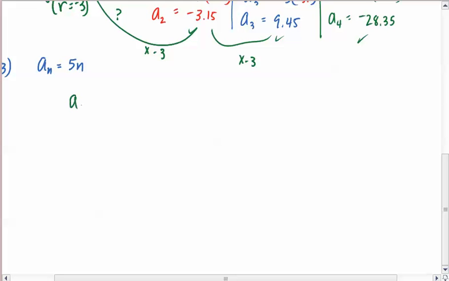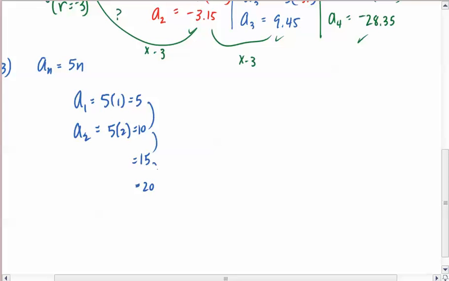We're going to start, excuse me. This one does not tell us to start with 2 because it's not recursive, so we're going to start with 1. 5 times 1 is 5. A sub 2, 5 times 2, is 10. The next one's going to be 15, and the next one's going to be 20. Well, what's happening between here and here?